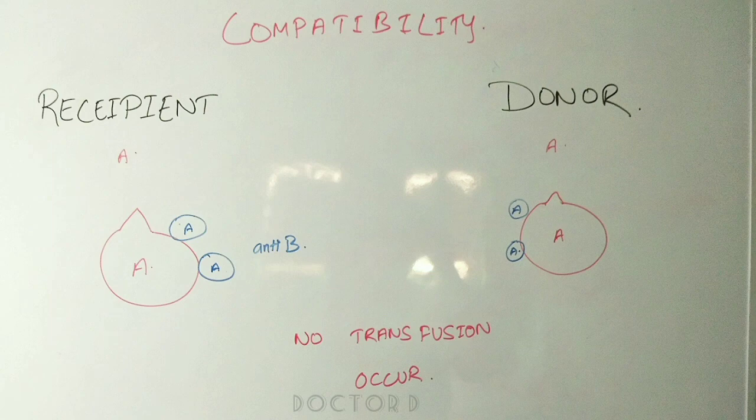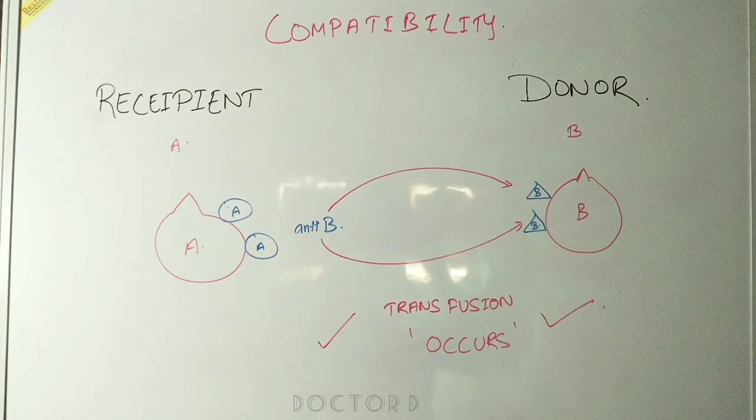Hence, no transfusion reaction occurs. Similarly, in the second example, the recipient has blood group A, whereas the donor has blood group B. So the recipient has anti-B antibodies in plasma, whereas the donor has B antigen on the surface of RBC.